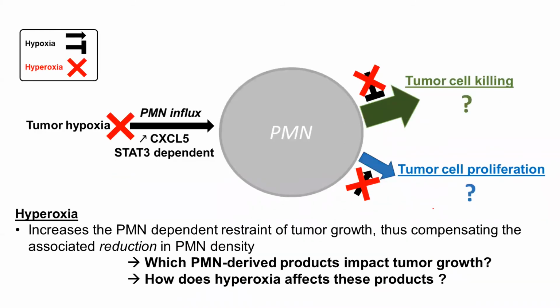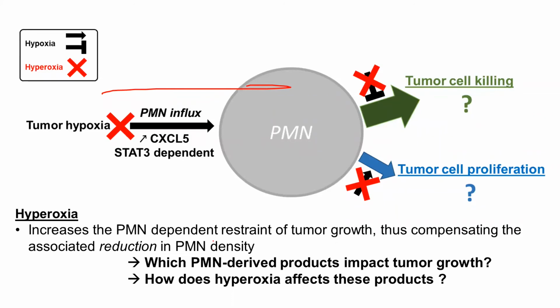The relief of tumor hypoxia will increase the PMN-dependent restraint of tumor growth, thus compensating for the associated reduction in PMN density.